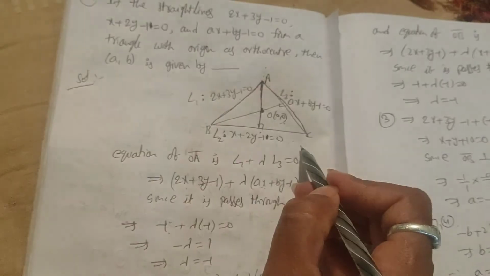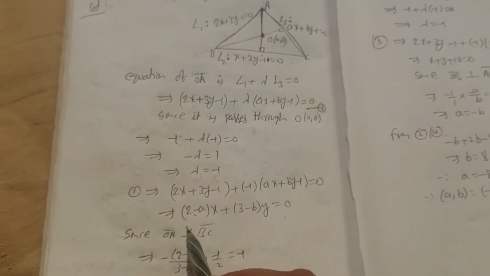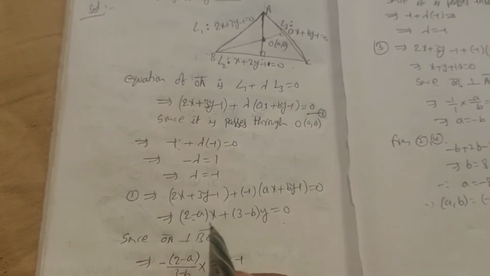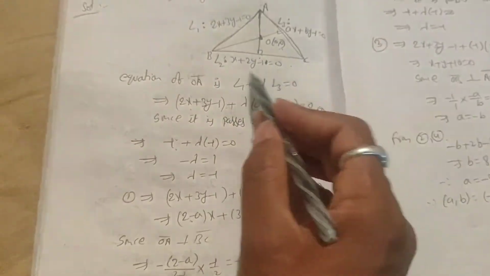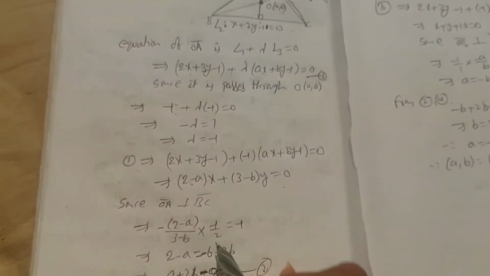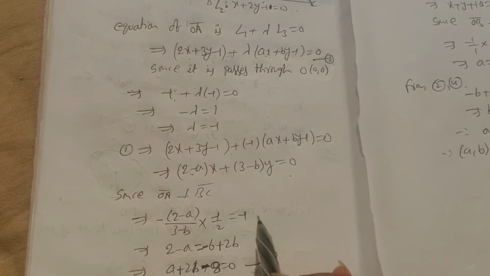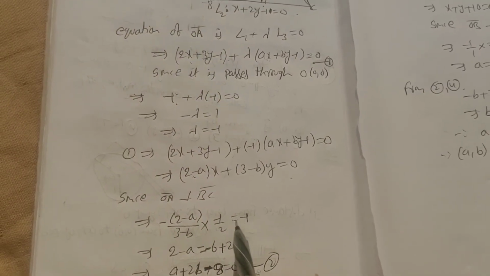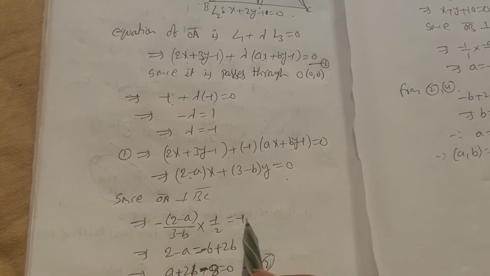So OA is perpendicular to BC means the product of their slopes is equal to minus 1. So here the slope of OA is nothing but minus of 2 minus a by 3 minus b, into the slope of BC, which is nothing but minus 1 by 2. Okay, so this is equal to minus 1. So minus into minus plus, 2 minus a by 2 into 3 minus b is equal to minus 1.